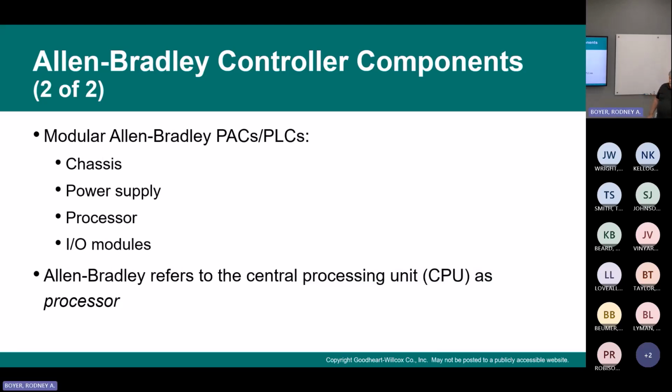Modular Allen Bradley PLCs have a chassis, power supply, processor, and I/O modules. Those are the four basic components of any PLC. However, in the MicroLogix family, the chassis, the power supply, the processor, and the base I/O are all in the same physical piece of hardware.